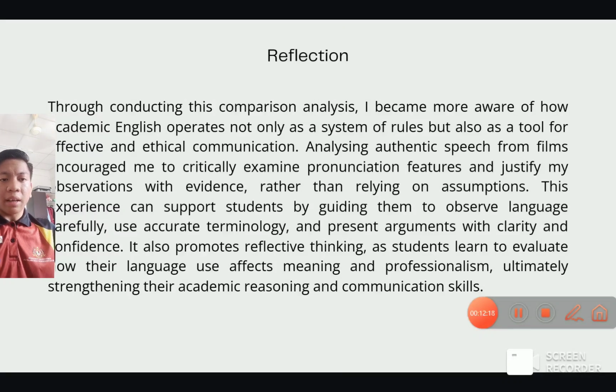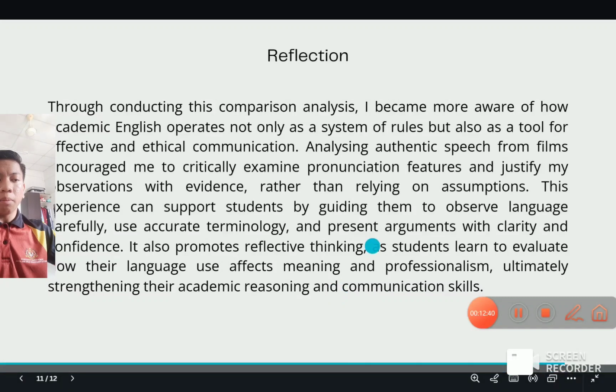This experience can support students by guiding them to observe language carefully, use accurate terminology, and present arguments with clarity and confidence. It also promotes reflective thinking, as students learn to evaluate how their language use affects meaning and professionalism, ultimately strengthening their academic reasoning and communication skills.